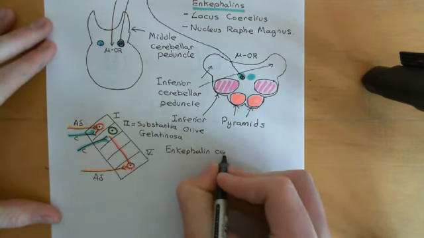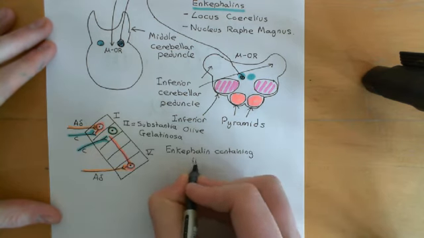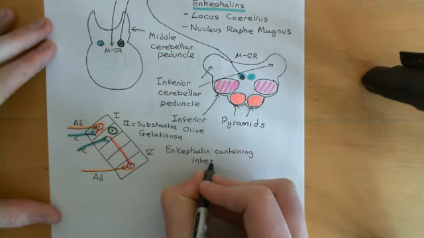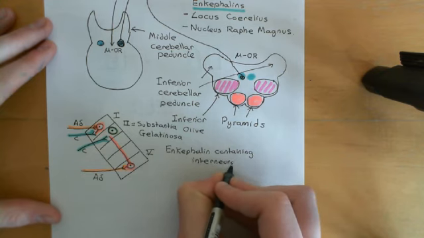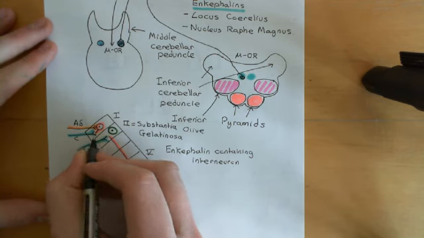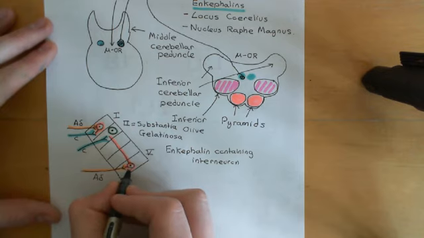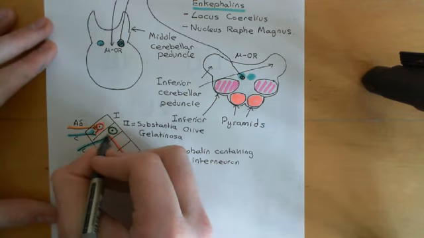Basically, it's going to send projections to many of these synapses between primary nociceptive afferents and the dendrites of the second order spinothalamic projection neurons.